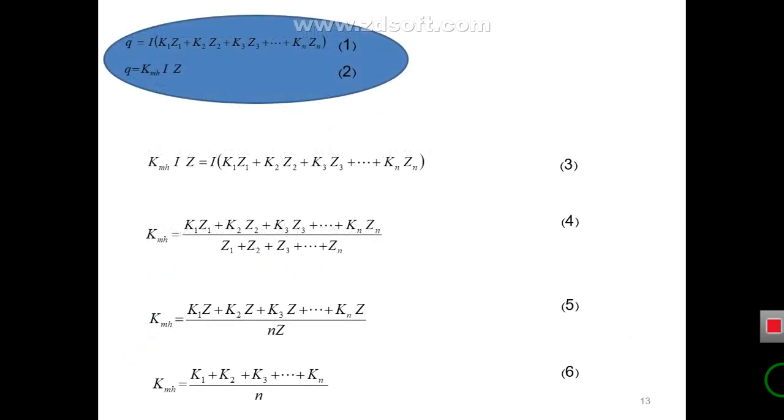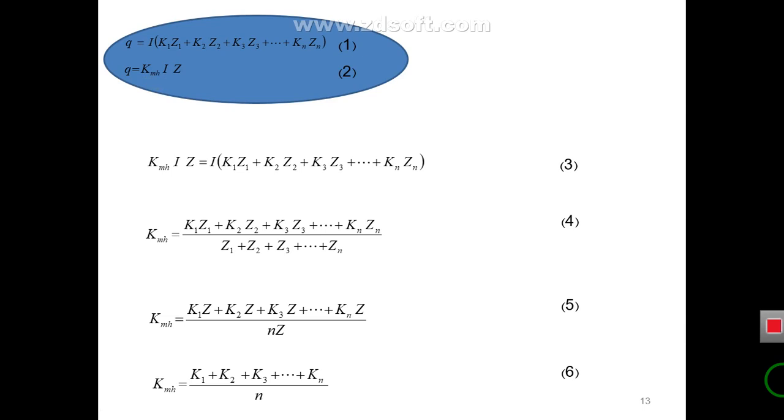The total flow rate per unit width of the aquifer Q can be calculated using equation number 1 for a stratified aquifer and using equation number 2 for a simulated aquifer with an average horizontal permeability Kmh.